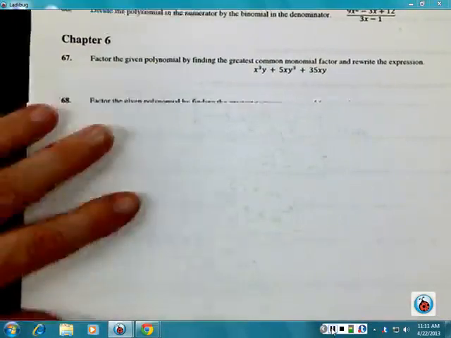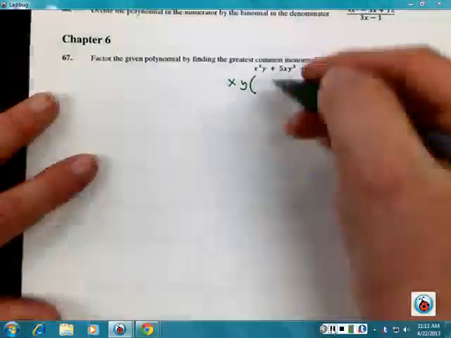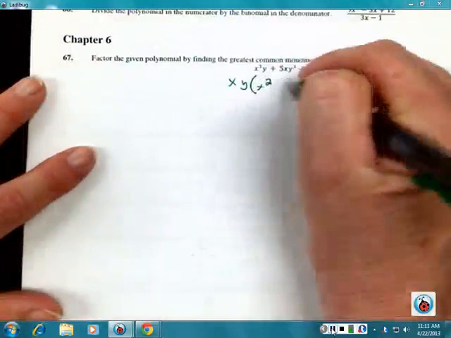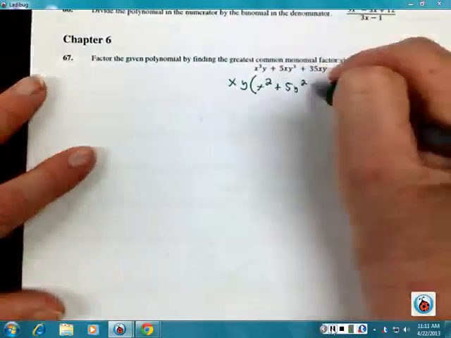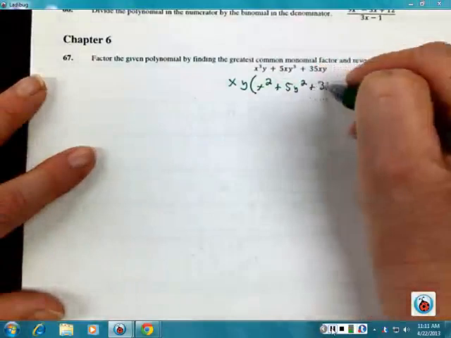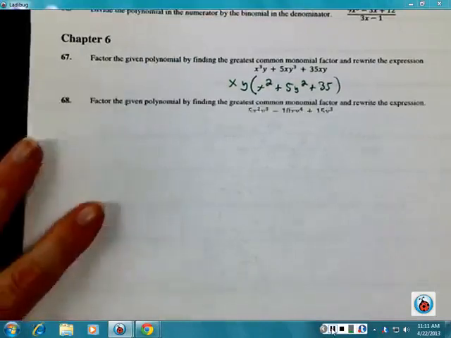Pull out an x, pull out a y, and what am I left with? I'm left with x squared plus 5y squared plus 35. Can you do anything else to it? That's all you can do.